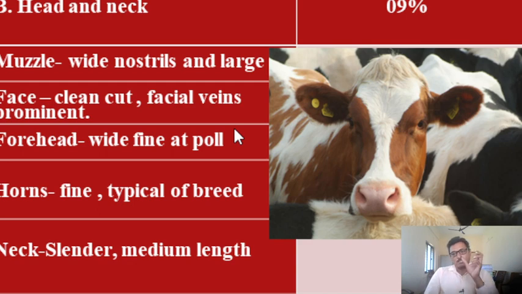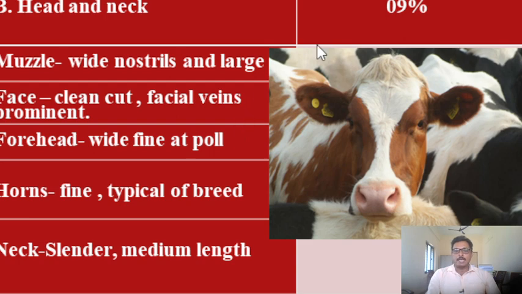Whenever we see the nostrils, they should be wide and large. Large nostrils are very good according to the animal's health also. And the animal's face should be clean cut. Its appearance should be very good, and it should also have prominent facial veins.